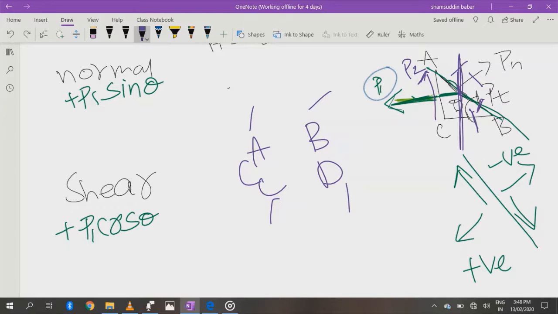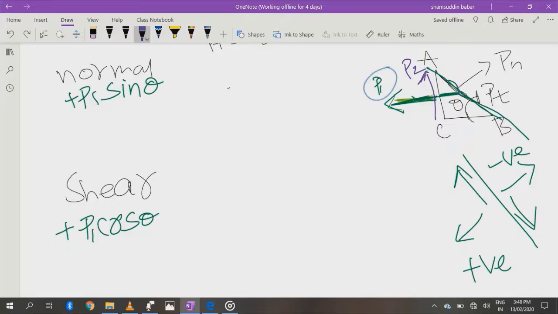Is it clear? So in this case, for example, this is my force. I am supposing my force is here. If this line is perpendicular to this line and this line is perpendicular to this line, the angle between this line and this line will be equal to the angle between this line and this line.